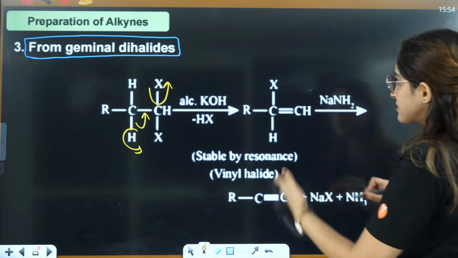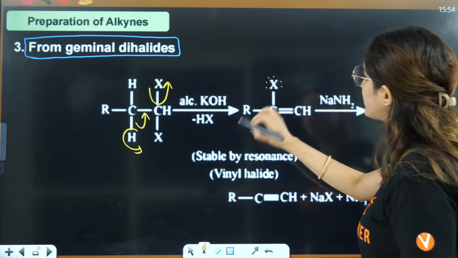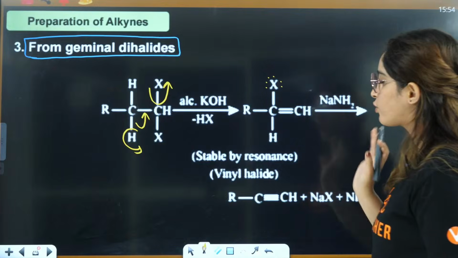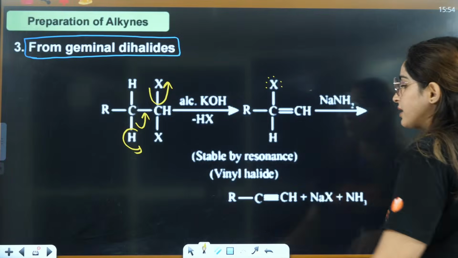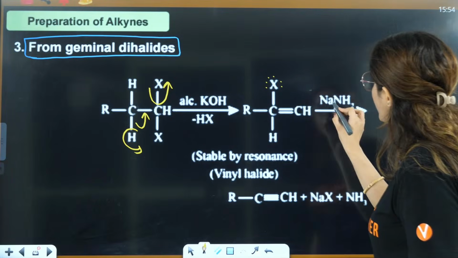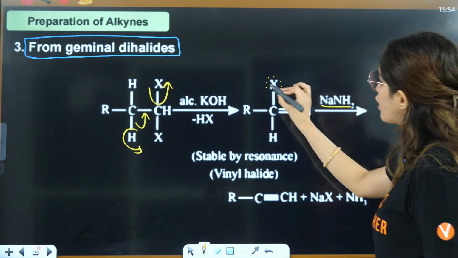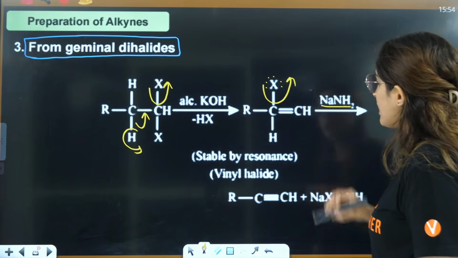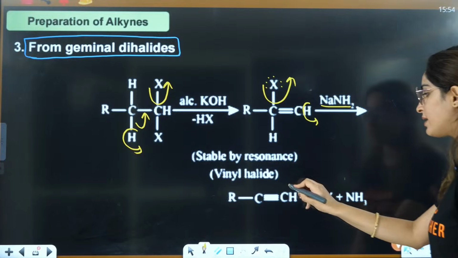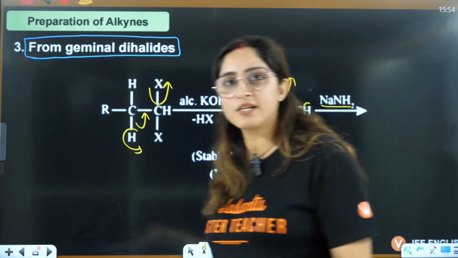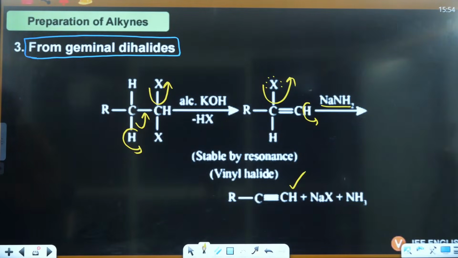Again, this is a stable compound because of the resonance: double bond, single bond, lone pair. Because of its stable resonance, again you will have to use a stronger base to eliminate halogen and hydrogen from here so that a triple bond can form. Same reaction it is for geminal and vicinal dihalides.